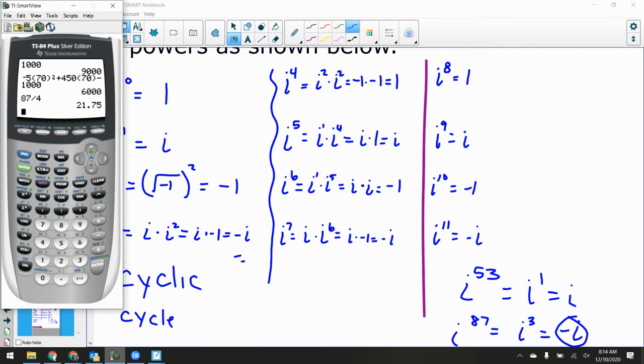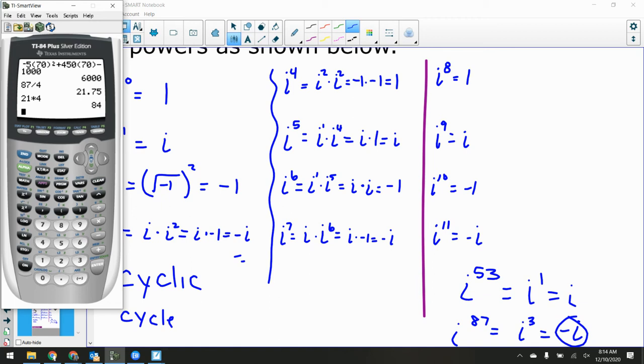If I took 21 times 4, I get up to 84. So I know 84th would be on my top row. Then I go 85th, 86th, 87th. But I had 3 remainder, right? I could have found that from the 0.75. I didn't need to go through that process. 0.75 is 3/4. That 3 becomes the power. i to the 87th is i to the third. Those things are the same.